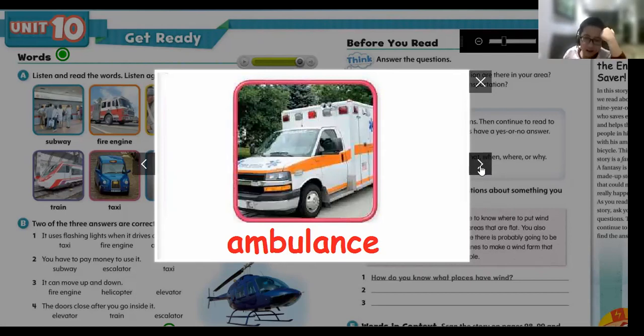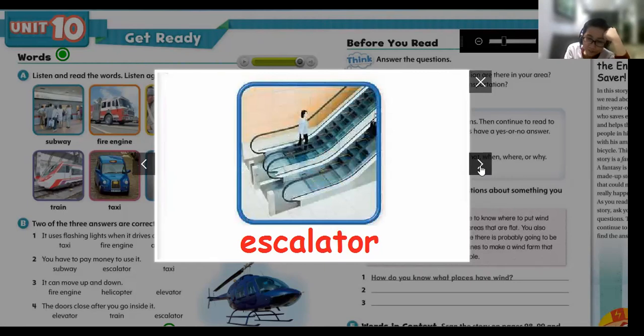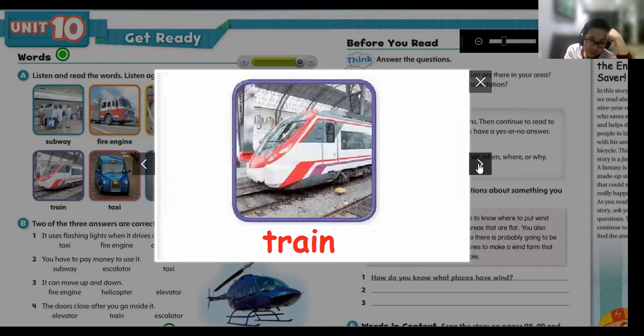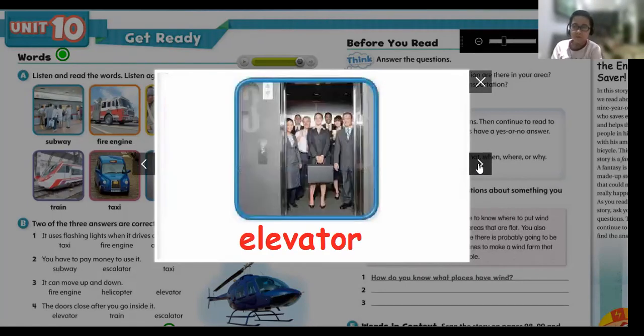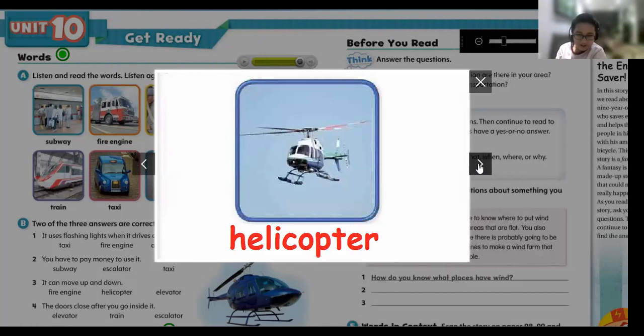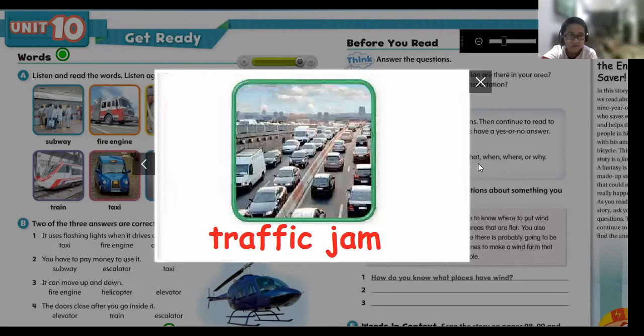It's an ambulance. It's an escalator. It's a train. Taxi. Elevator. Helicopter. And traffic jam.